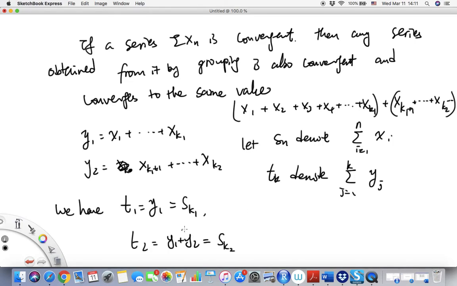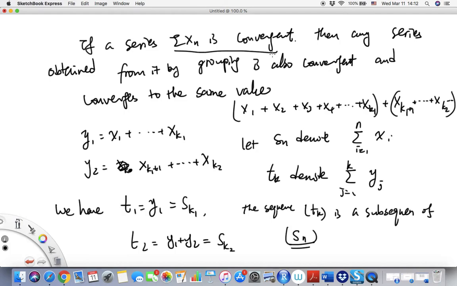So what do you observe here? You observe that the sequence t_k is a subsequence of s_n, right? So this is a convergent sequence because the series is convergent, meaning that the sequence of partial sums is convergent.